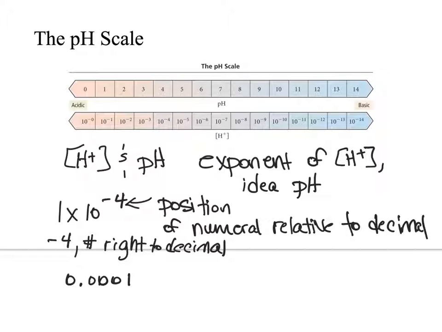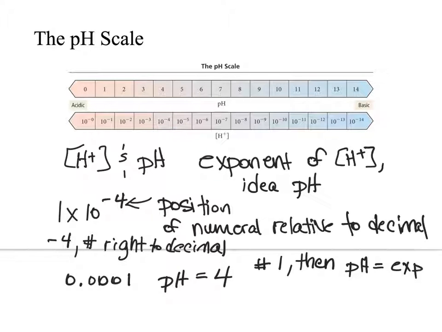In pH, the pH of that particular solution would be 4. If the numeral is right on 1, then pH is equal to the exponent. Specifically, it's the negative exponent.